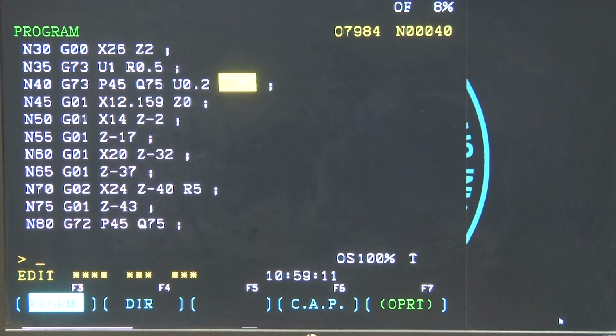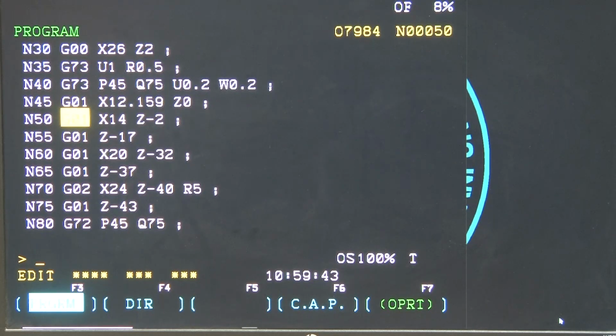After that we have in N45 it is G01 X12.159 and the Z0. So, first point coordinate for turning. Now, the G01 we have already told you that this is the linear interpolation, and the coordinates are given as the X12 and the Z0.